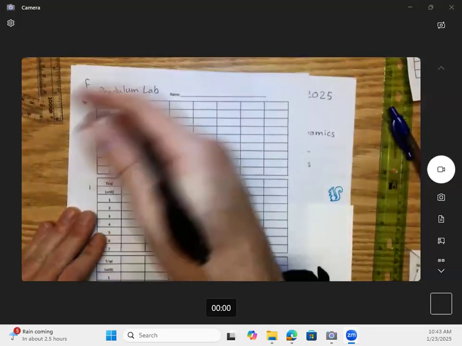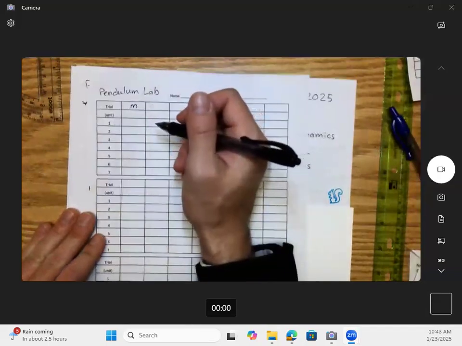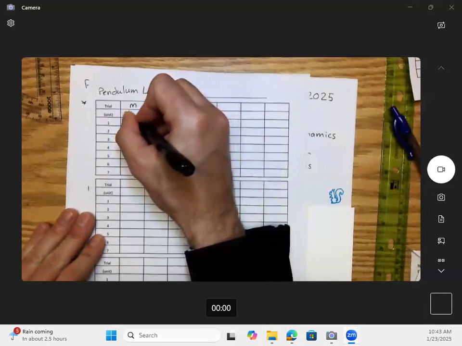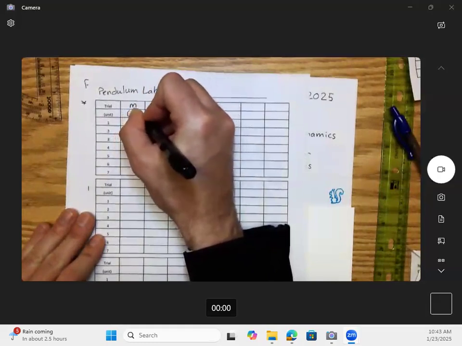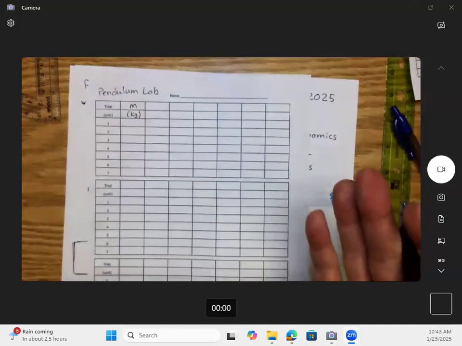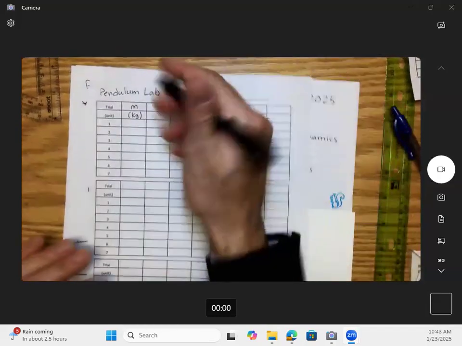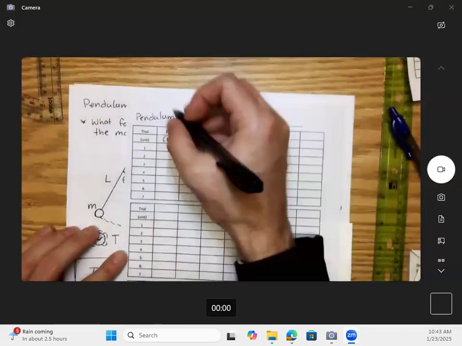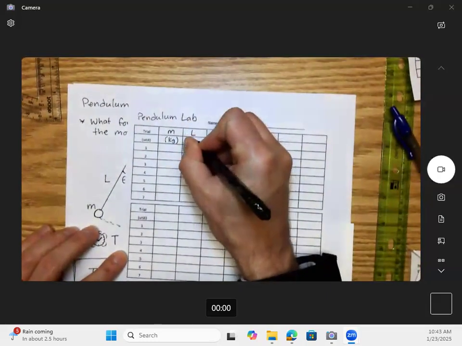And guys, what unit do you want to measure mass in? Grams or kilograms? I'll leave it up to you guys. Either grams or kilograms is okay. I'll write kilograms because maybe that'd be safe if we want to make an exact equation, but grams is fine. Whether you measure grams or kilograms, you'll get the same proportional relationship by the time you get to the graphs. So it doesn't matter which way you go. You guys said possibly the length. What do you want to measure length in?